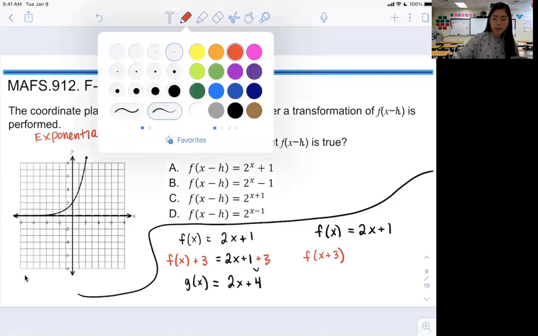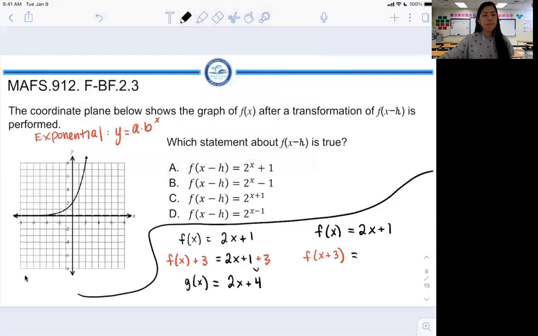What type of transformation is that? That would not be down. Good, that would be left 3 units.